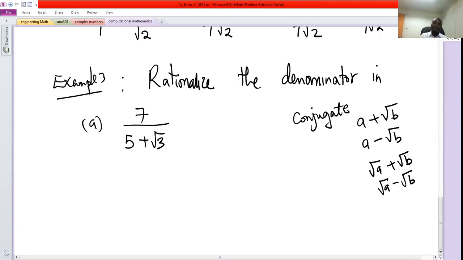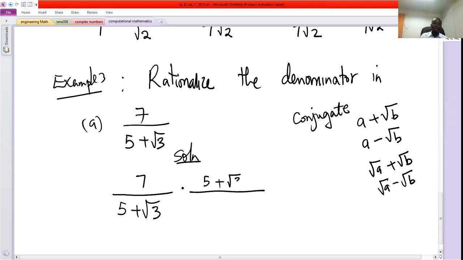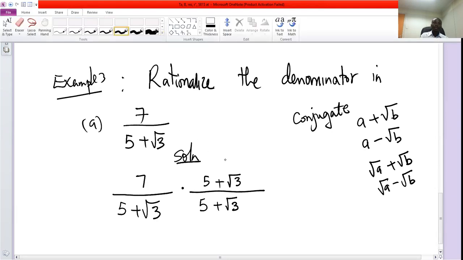So for this one, you write 7 over 5 plus root 3, then multiply the numerator by 5 minus root 3, and the denominator by 5 minus root 3, the conjugate.